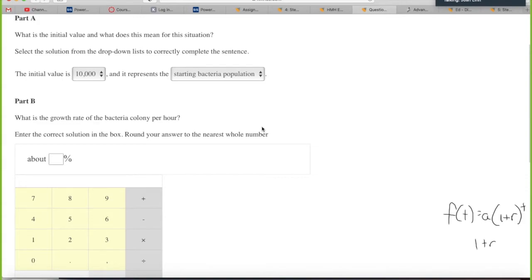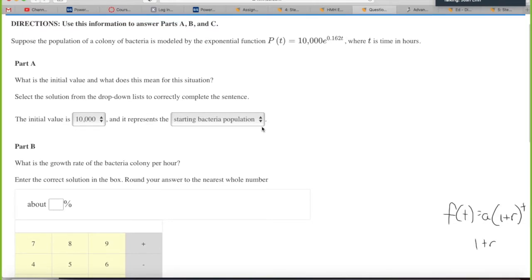So let's see here. We've got the function 10,000 e to the 0.162 t. We can compare this function to this one over here. We've got our a, which is 10,000, and then our b, or our 1 plus r, is equal to e to this number.